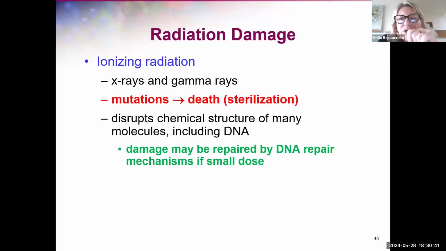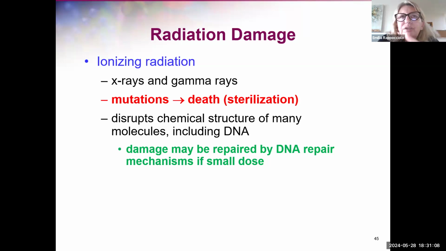They cause mutations, which can lead to the death of the microorganism. We can use these X-rays and gamma rays to clean and sterilize objects, like plastic objects that cannot be boiled because they will melt, like Petri dishes or syringes.